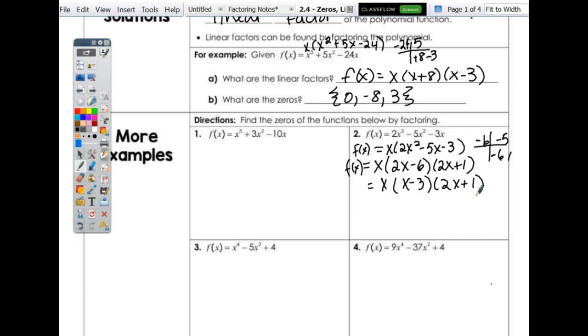Do I want it to be 4x squared, or do I want it to be 2x to the third? Because the leading coefficient is 2x, so you have to put that here and here. That's how you do it. The leading coefficient always goes there, and then I can reduce this one by 2, so x times 2x gives me my 2x to the third.